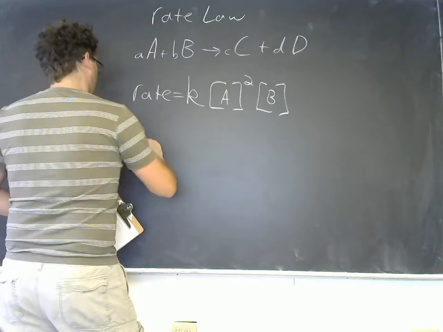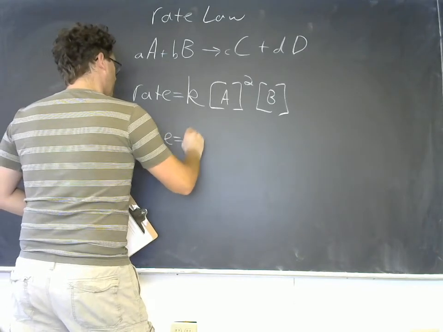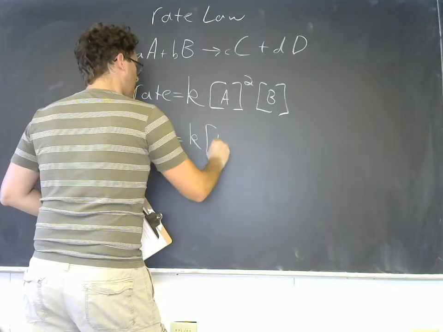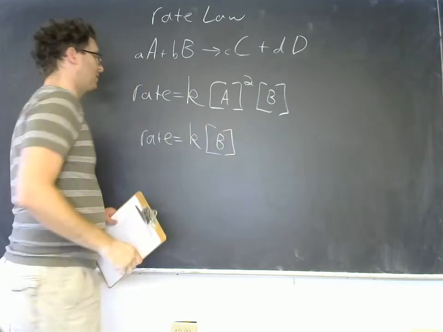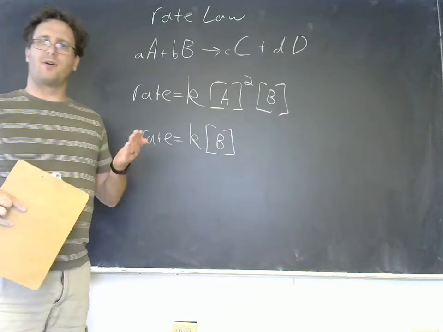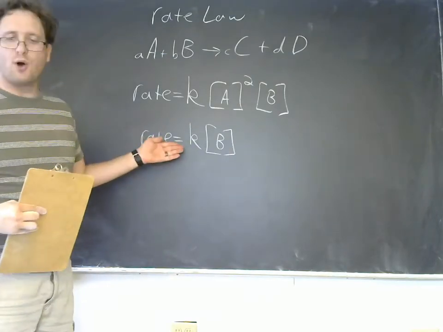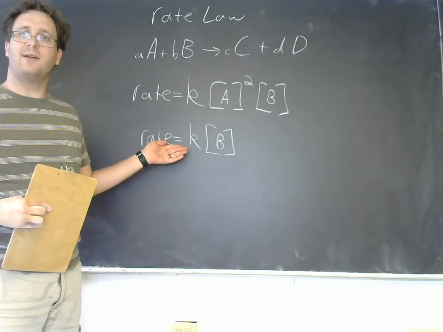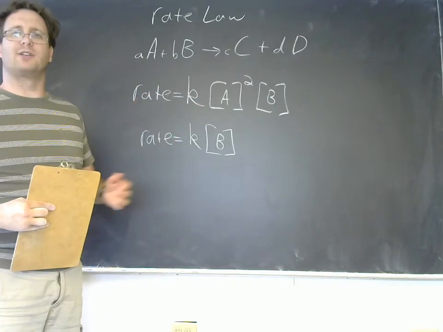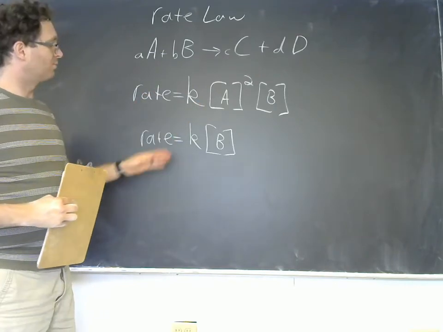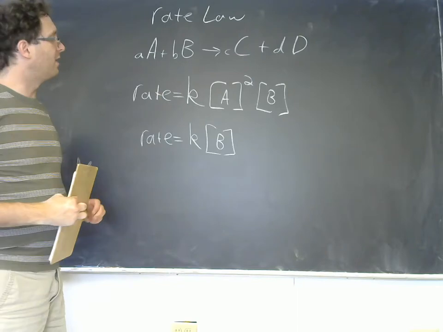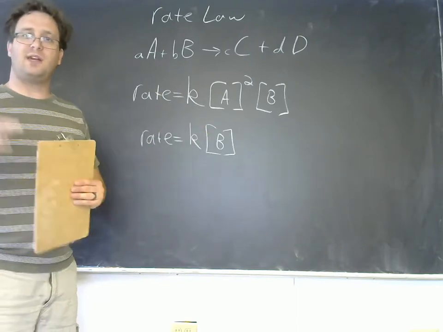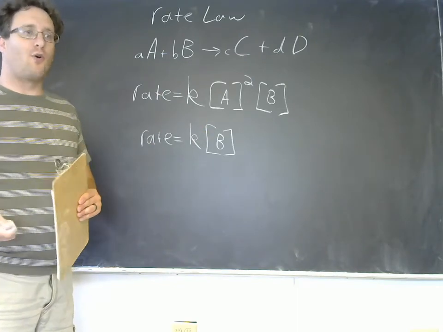If I have something like this, then we have a reaction which is 0th order with respect to A. A raised to the 0th power is just 1, and so we just don't write it. And 1st order with respect to B, and 1st order overall.